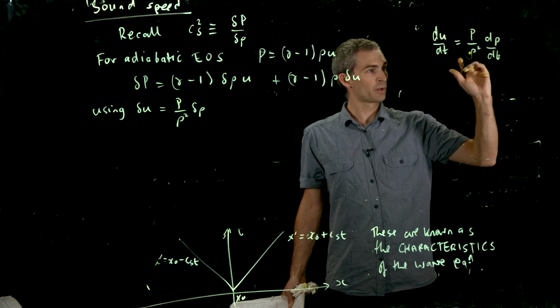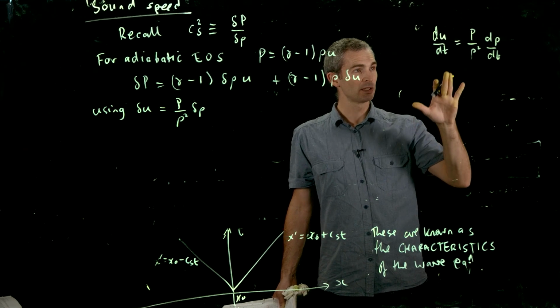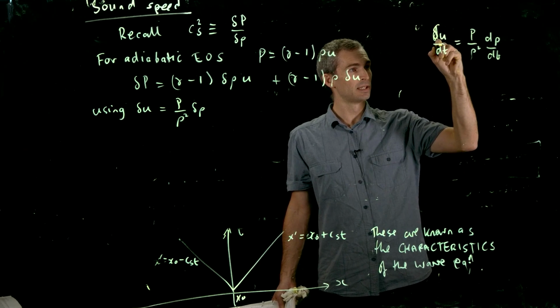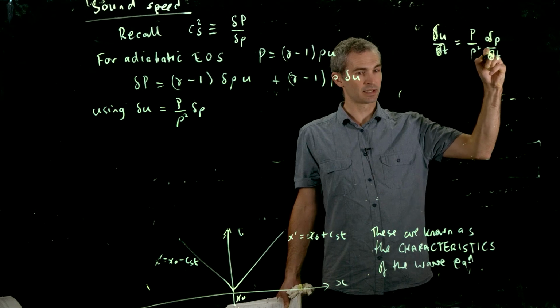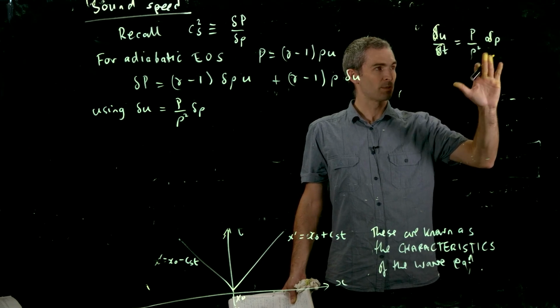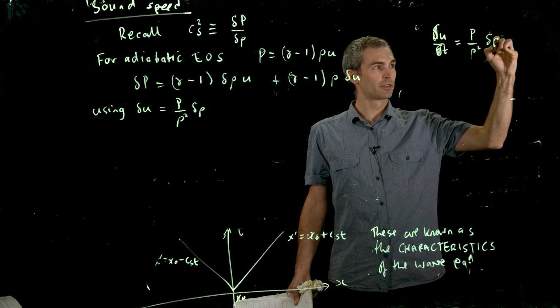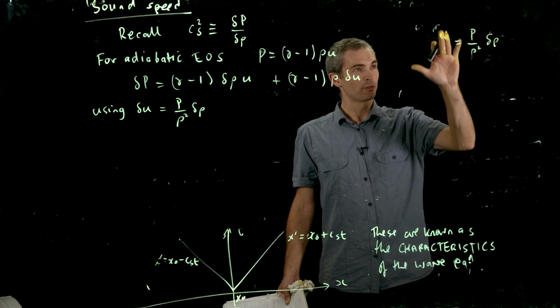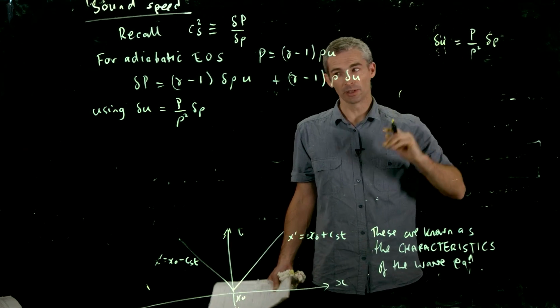You can think of this as a Lagrangian perturbation, so you can think of this as being a delta delta t on each side, and then you can simply drop the delta t. So that equation holds also for our perturbation theory here.